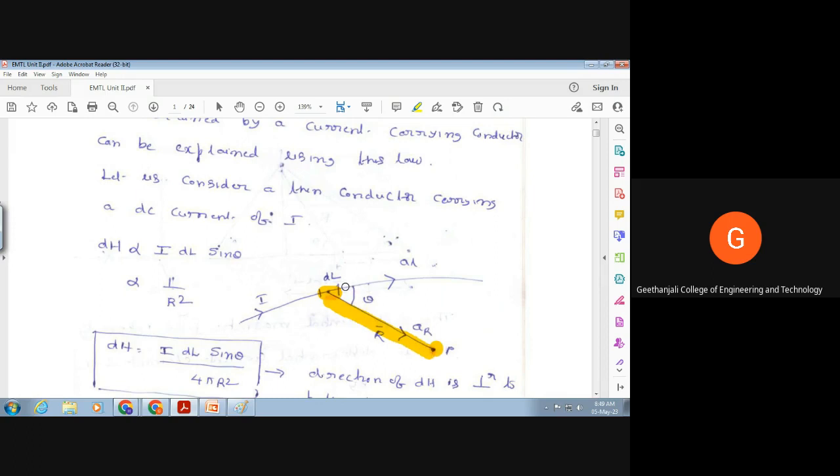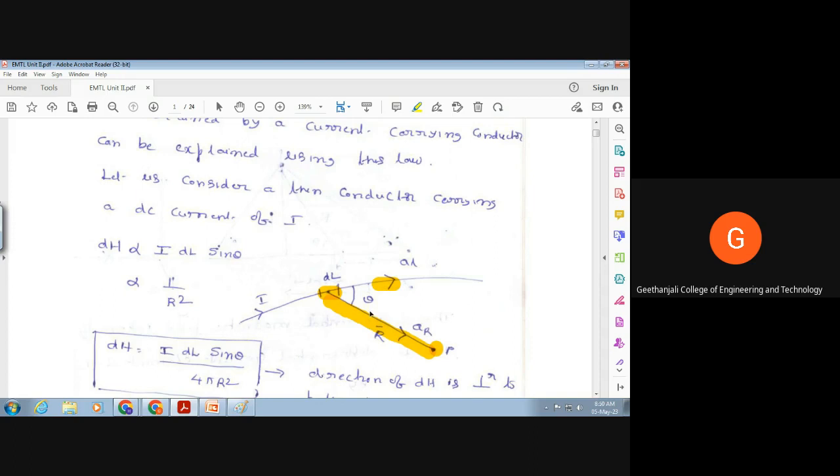This is the direction of the current. The differential magnetic field intensity at point P due to this differential current element I dl is given by dH equal to I dl sin theta by 4 pi r square. So the magnitude of dH is equal to I dl sin theta by 4 pi r square.